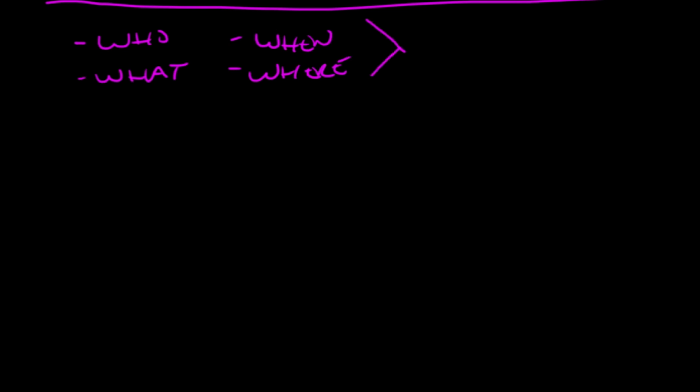It answers the questions of who, what, when, where, and if we want to really get crazy and go higher level here, why and how. These are higher order thinking questions, right?